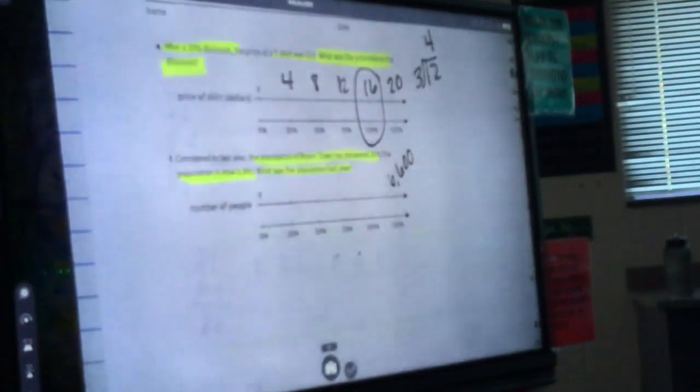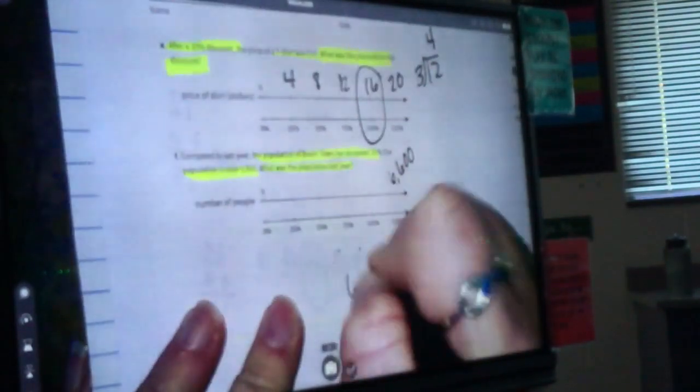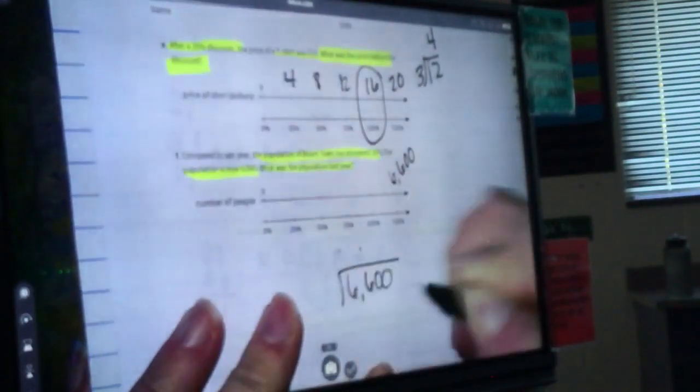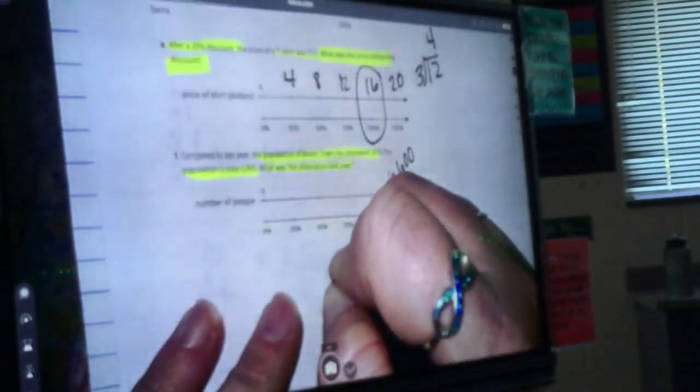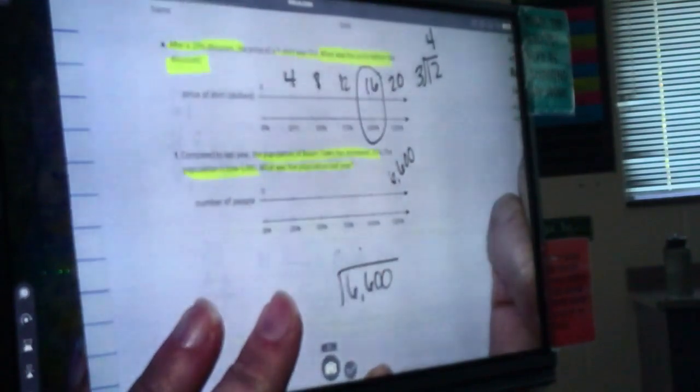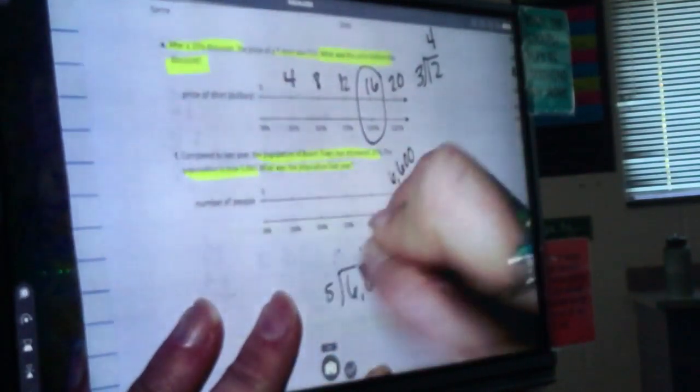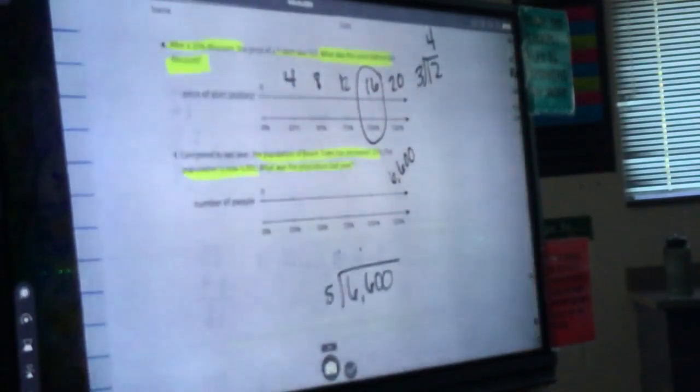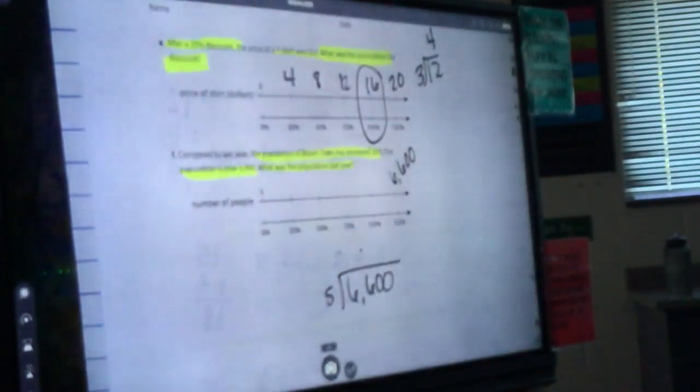All right, so what did you guys divide your 6,600 by? By 5? Everybody divided it by 5? Okay. Wait, are we good? Because I'm about to put this in pen and I can't erase it. So are we sure we're going to divide this by 5?